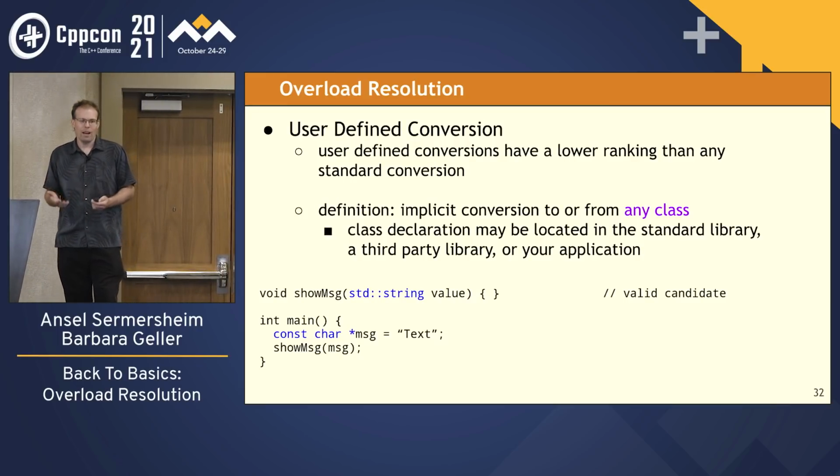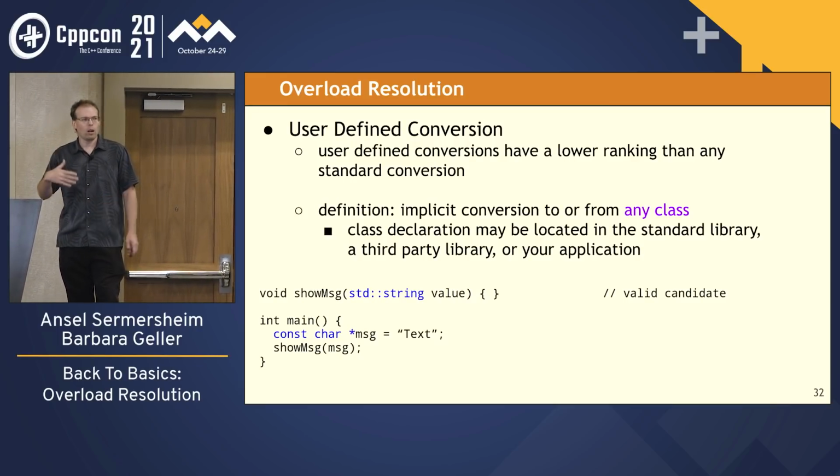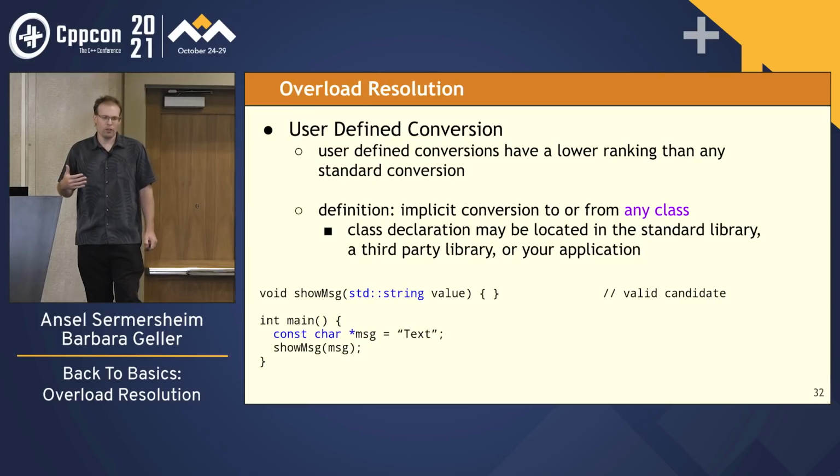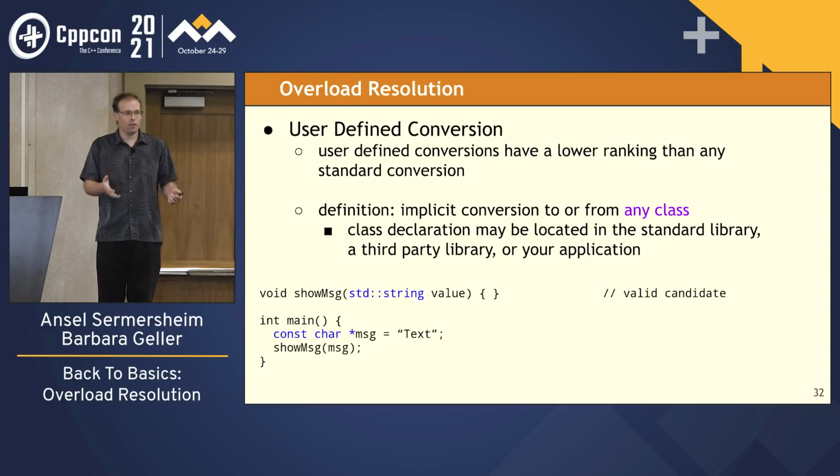User-defined conversions are ranked lower than any of the standard conversions. And the definition is a little bit surprising. A user-defined conversion is an implicit conversion to or from any class data type. That means the class declaration could be located anywhere. Even if the class that's being converted to is in the standard library, it's considered a user-defined conversion.